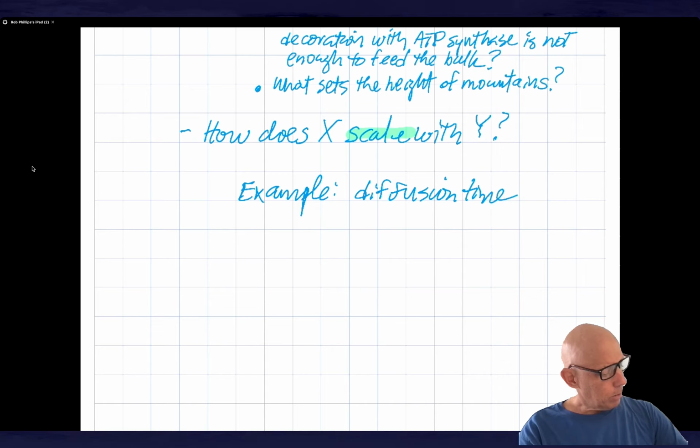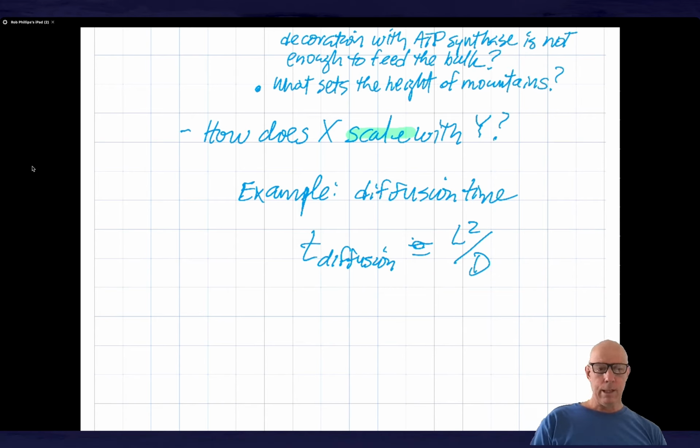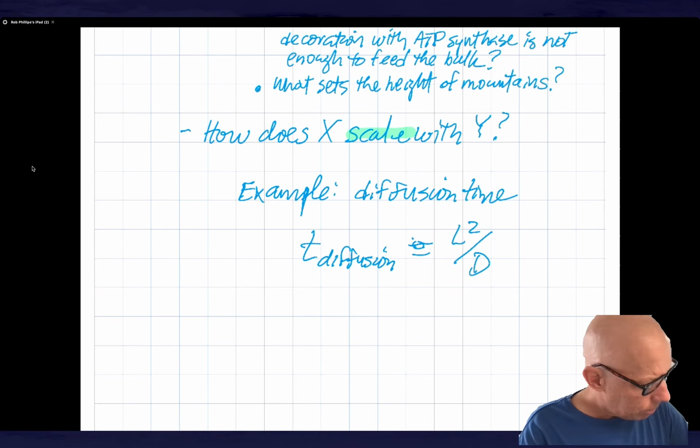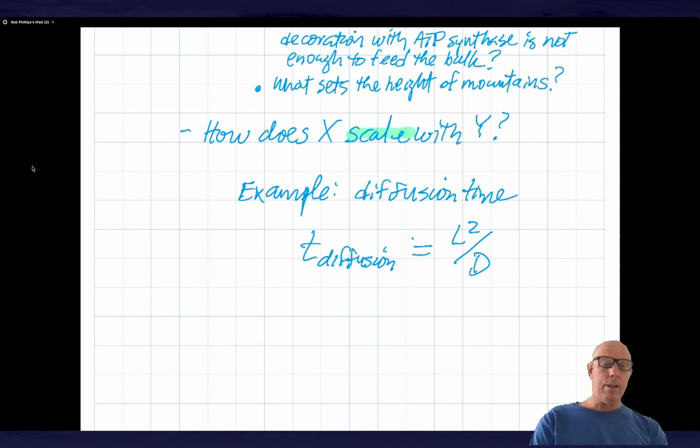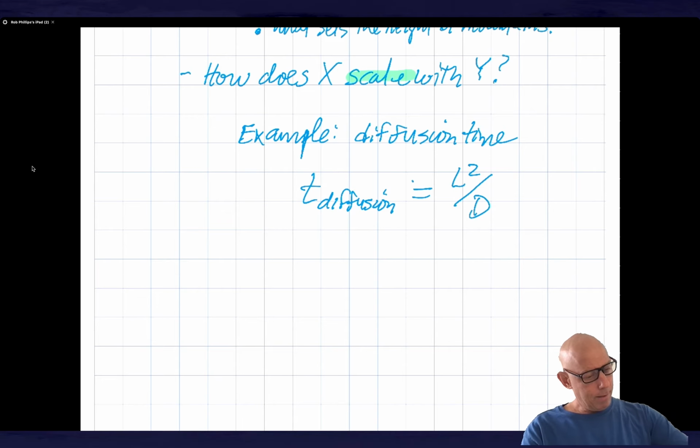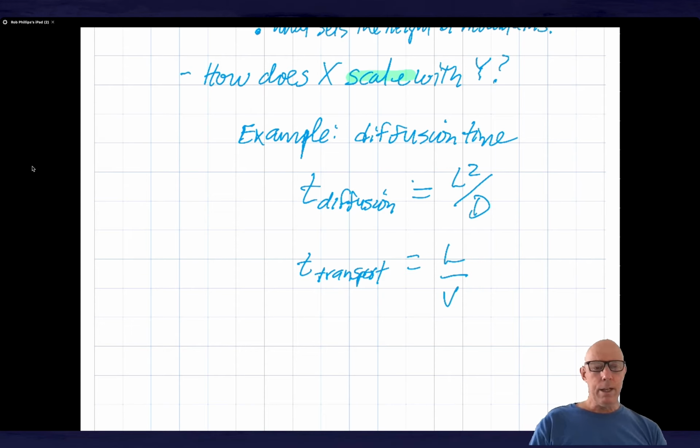And you'll recall that what we said is the diffusion time scales as L squared over D. So in other words, the time to diffuse goes like the square of the distance, whereas if you have active transport or ballistic motion, the time of transport goes like L over V. So it scales linearly with L and inversely with V. So that is what I mean by scaling.